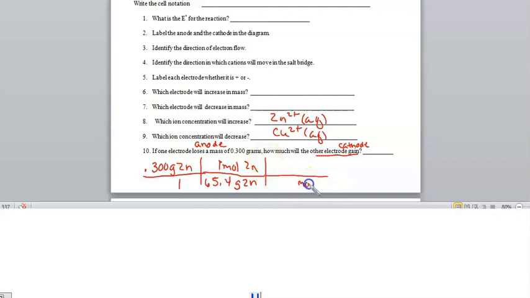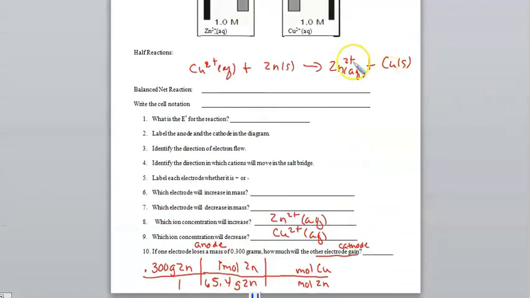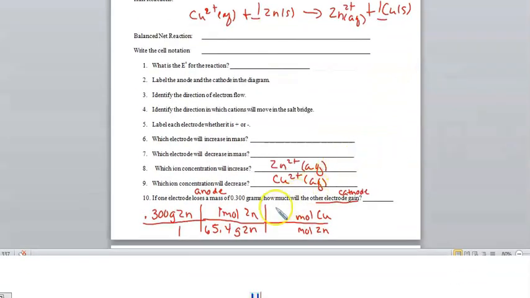And then you have what's called the mole-mole ratio, and we are looking for the amount of copper. Now this particular reaction, for every 1 copper there is 1 zinc, so this one is a 1-to-1 ratio. They're not always a 1-to-1 ratio.